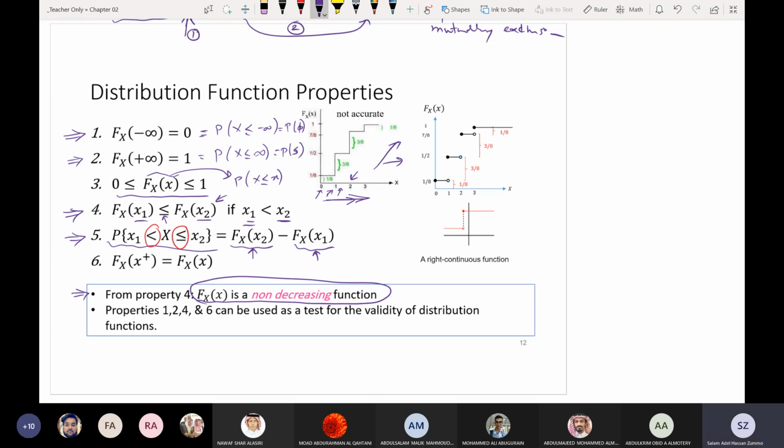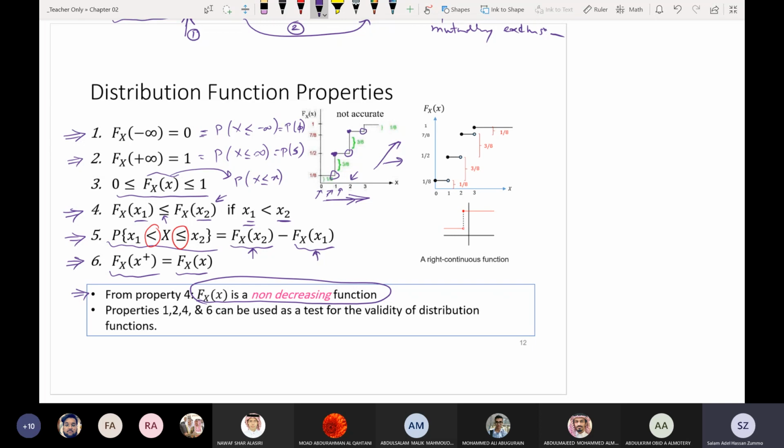Because in discrete random variables, equality happens at the positive side of the value. Always F_X of x positive equals F_X of x, which means that F_X is right connected, or continuous from the right, if you remember it from calculus. It means that it's always open here and closed here.